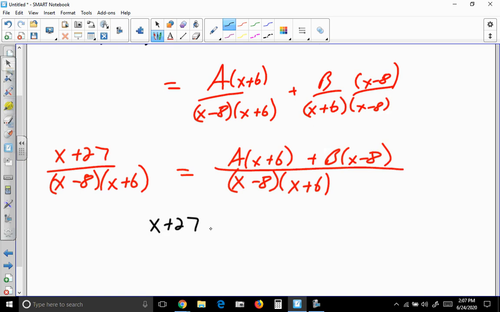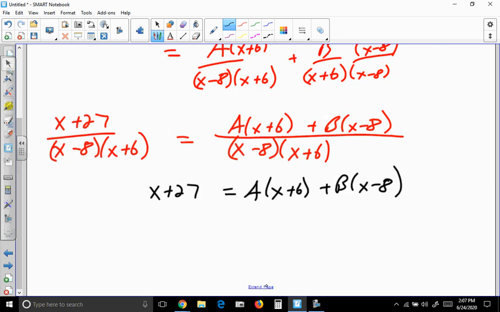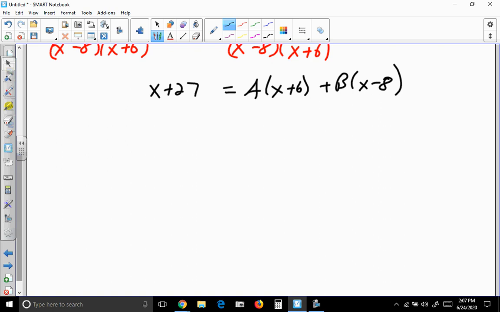So that tells us x plus 27 and a times x plus 6 plus b times x minus 8 have to be equal to each other. There are different ways to do it, but if this factor only occurs once and this one once in this equation, then we can just pick specific values of x so that we can find a and b, or a, b, and c if we had 3 terms.